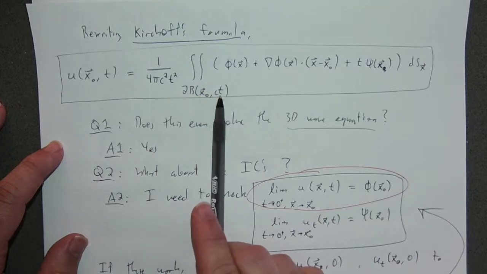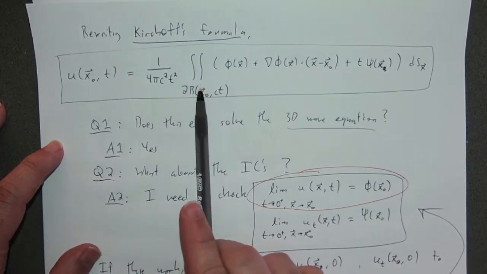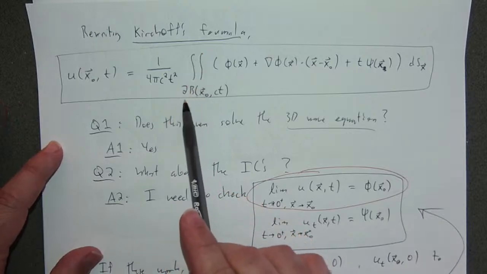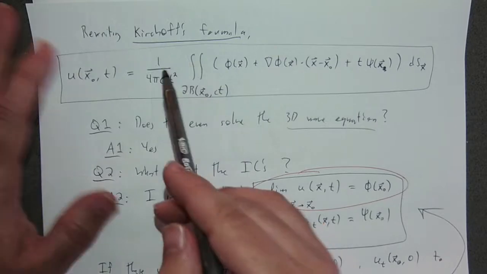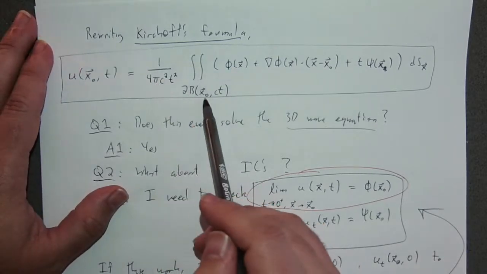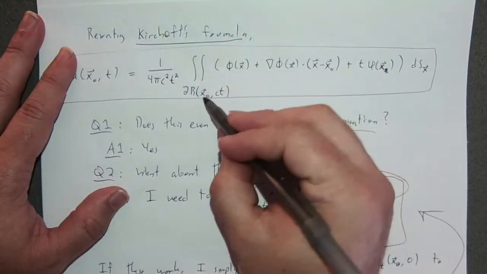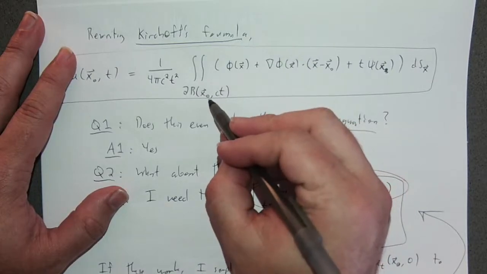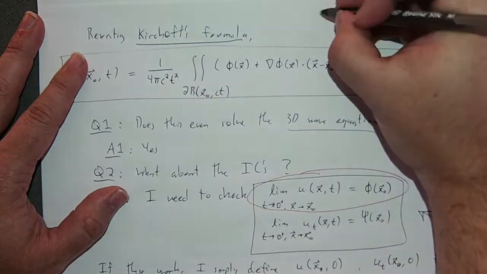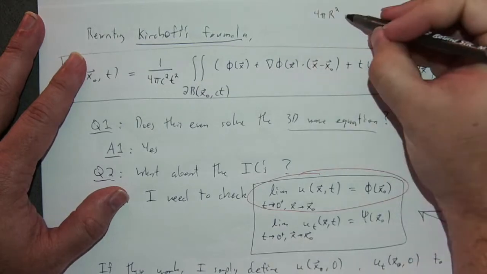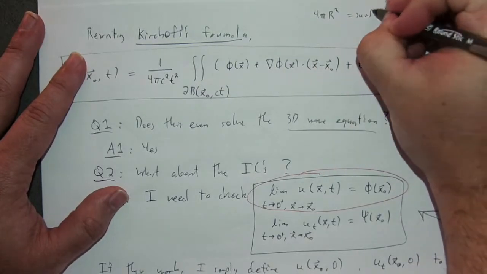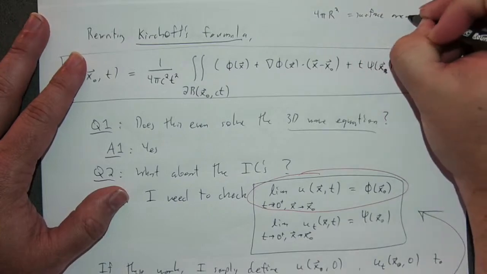So this is a surface integral over the surface, which is a sphere. And someone said it in chat: this is the surface area of this sphere. If you remember correctly, 4 pi r squared is the surface area of a sphere.